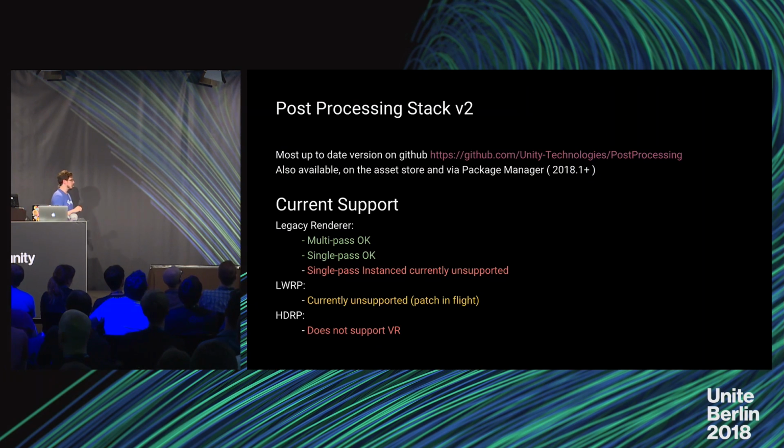All right, I've talked about the post-processing stack a little bit. It's currently disabled on the lightweight render pipeline. You can see that there in yellow, but it does work in the legacy renderer. While the post-processing stack is really nice, and it's what you're going to use to get some final touches on your project, in general, it can be fairly expensive for mobile, whether it's VR or not.